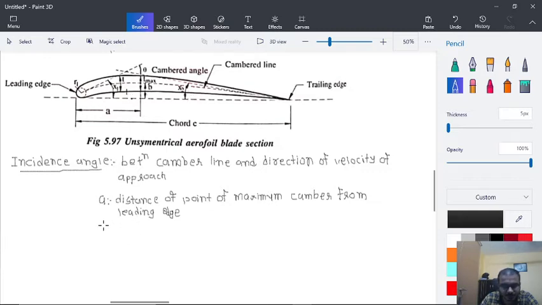So x1 is camber angle at inlet, and x2 similarly is camber angle at outlet.